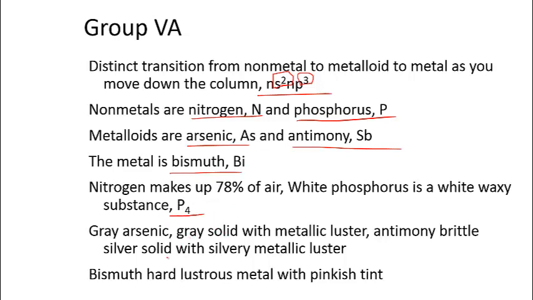Gray arsenic is a gray solid with a metallic luster. Antimony is a brittle solid with a silvery metallic luster. Then bismuth, the metal, is hard, lustrous, and has sort of a pinkish tint to it.